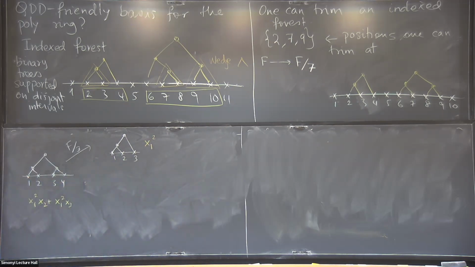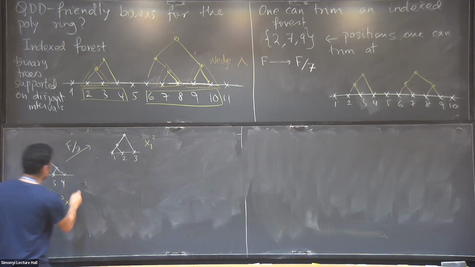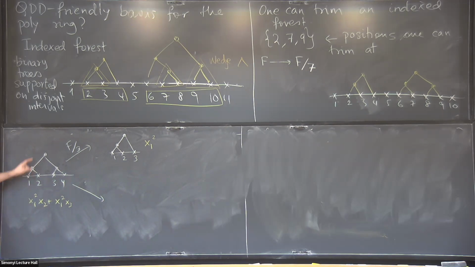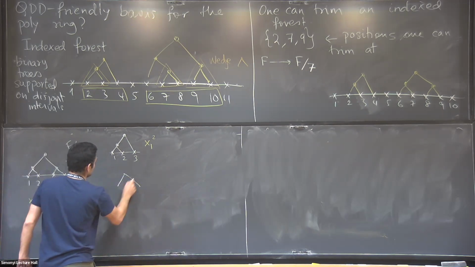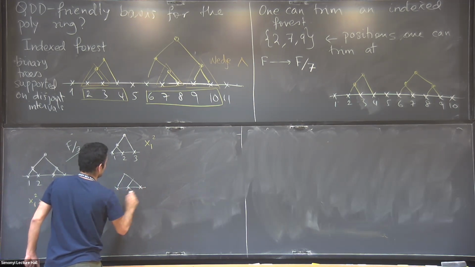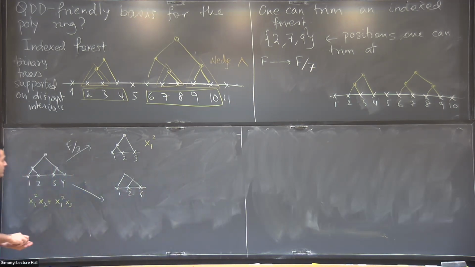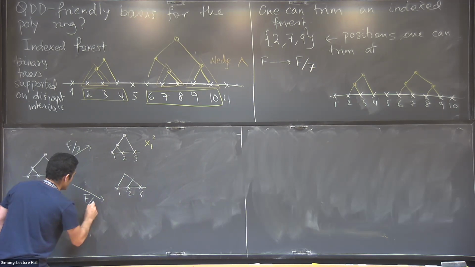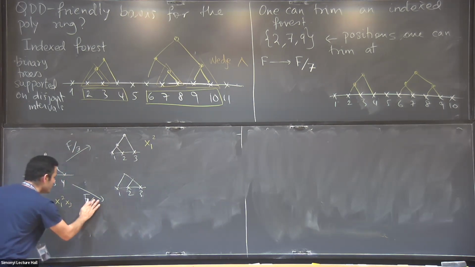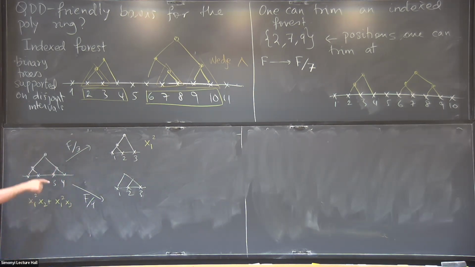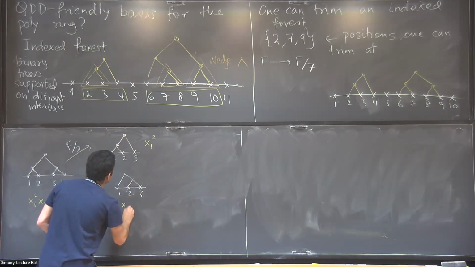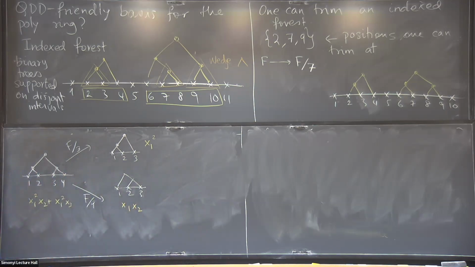Okay. So you can actually verify this if you remember the definition. You could have trimmed the other one, and then you'd have a comb pointing to the right. This is again 1, 2, 3, and this is f trim 1, and this one is x1, x2. Keep going.